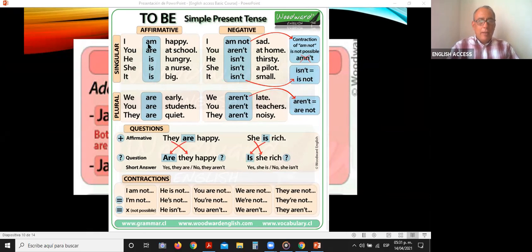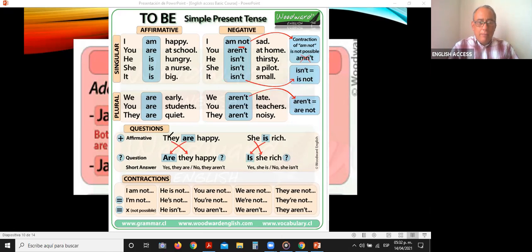So it's subject, be, plus the complement. In the negative, again we have the subject, the verb be, and the negative part, not, to create the negative. In this case, it's a must to have the negative. I am happy, I am not sad. Here is the complement. But for the questions, we switch the order.